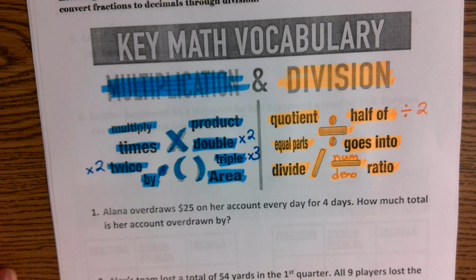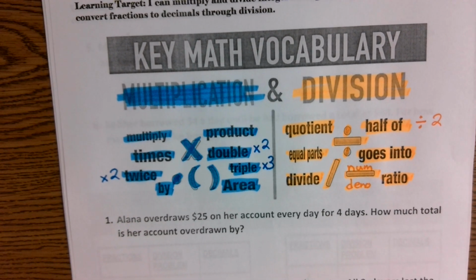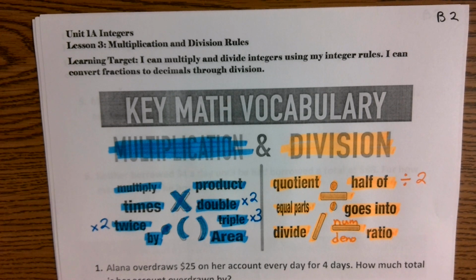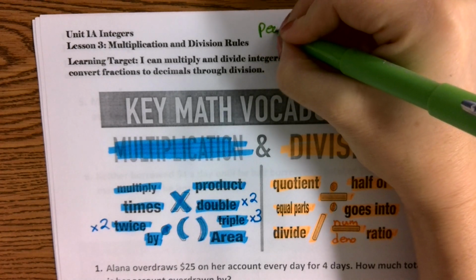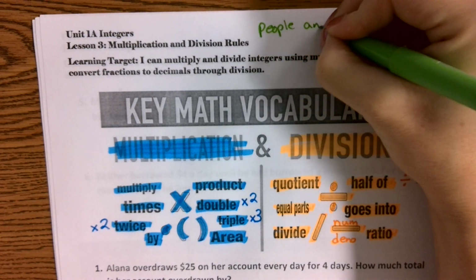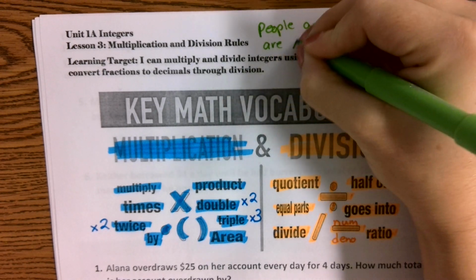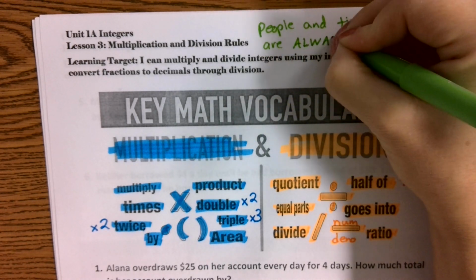Okay? Now something else that's really important for you to remember, and I want you to put this up at the top of your paper, the very top. When we're talking about positive and negative values, something that you need to make sure you keep in mind, people and time are always positive. People and time are always positive values.